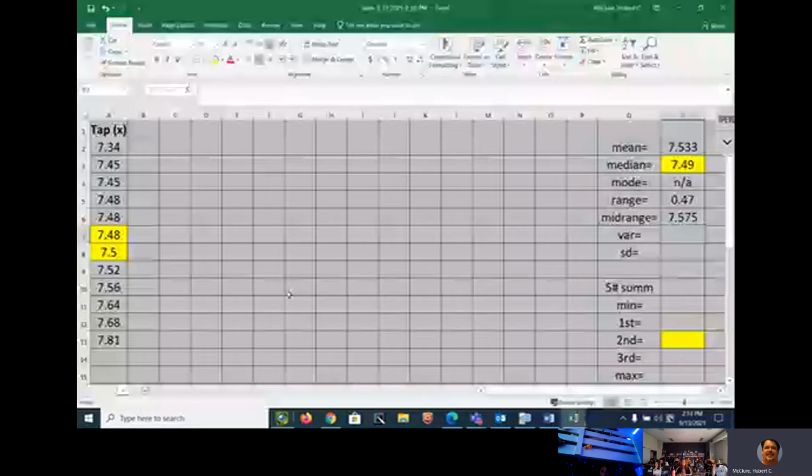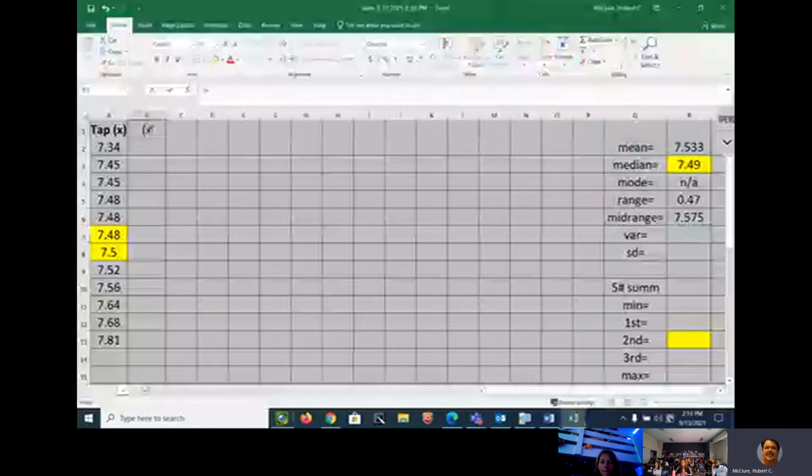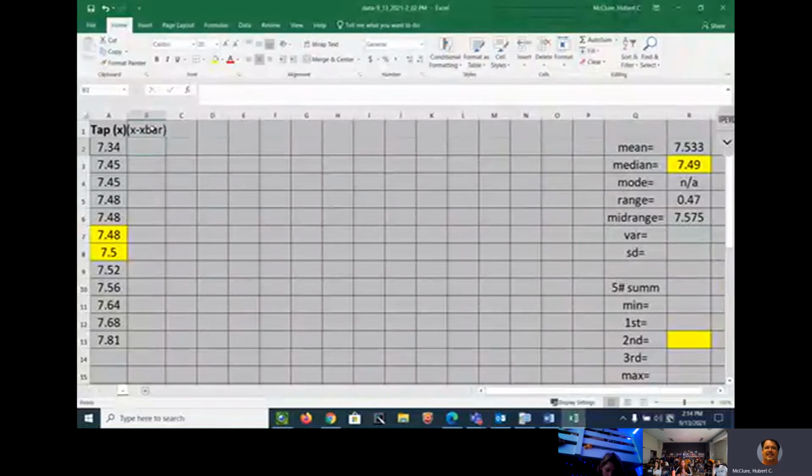All right, so here we go. I'm going to take x minus x bar, and that's going to equal 7.34 minus 7.533. And I'm going to copy that down.